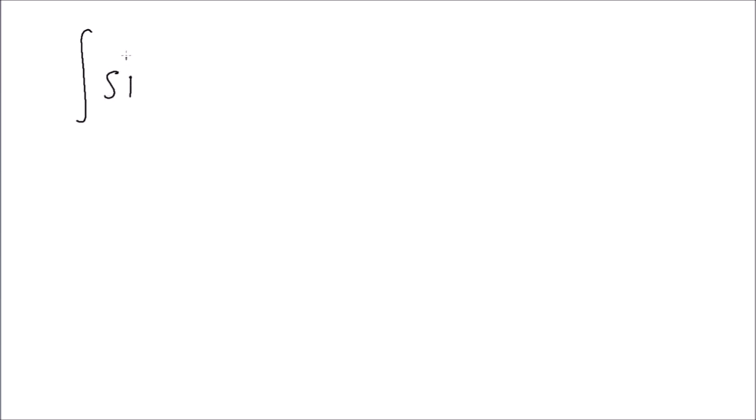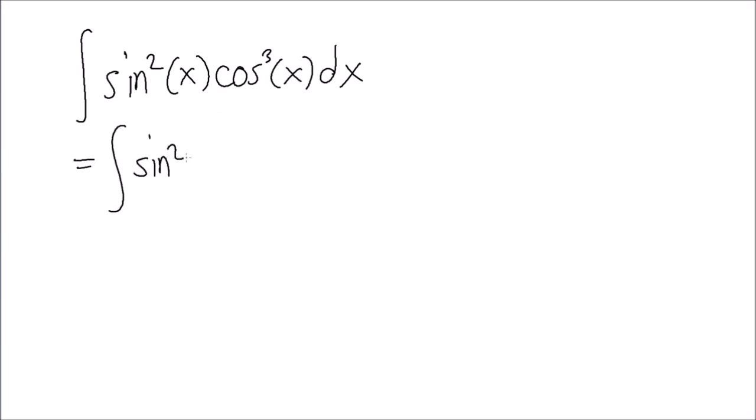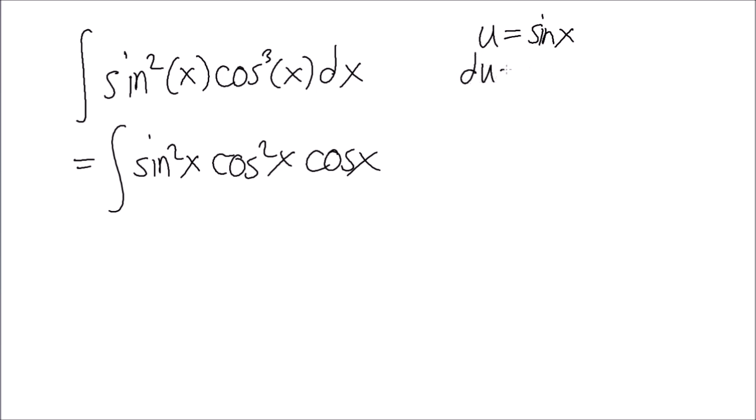Sine square cosine cube. Okay, so we see that we have sine square cosine cube. I would want to leave out cosine x, and the reason behind this is because we can do a u substitution where u is equal to sine of x and du is equal to cosine of x.